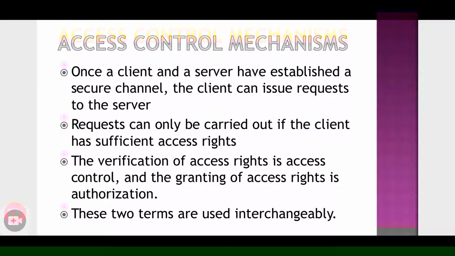If a particular client has permission to access some service or resources from the server, those are the access rights. After verification, we can grant the access rights. That is known as authorization. After getting an access right, that client is an authorized person. Otherwise, it is an unauthorized person. If the client does not have any access rights, they are unauthorized clients.